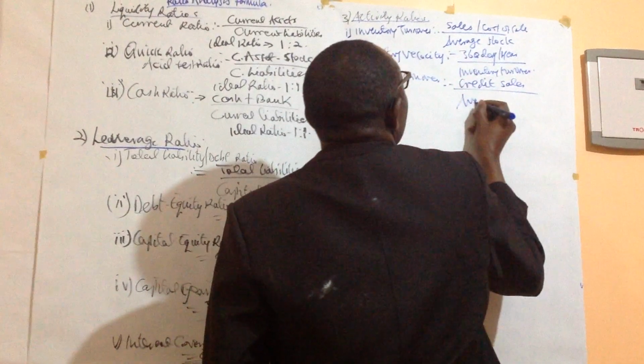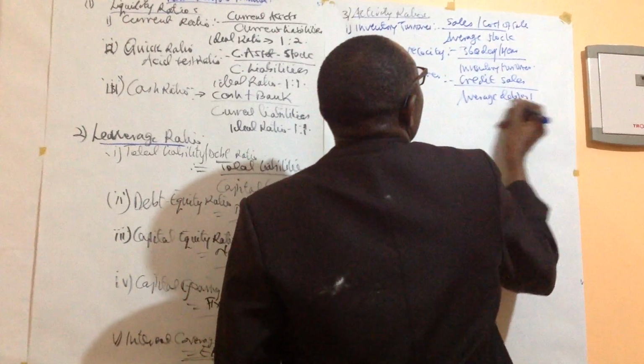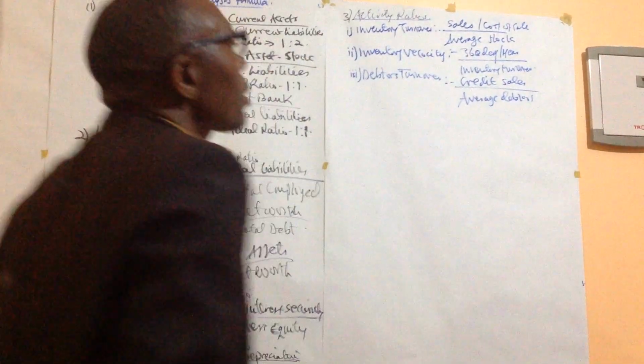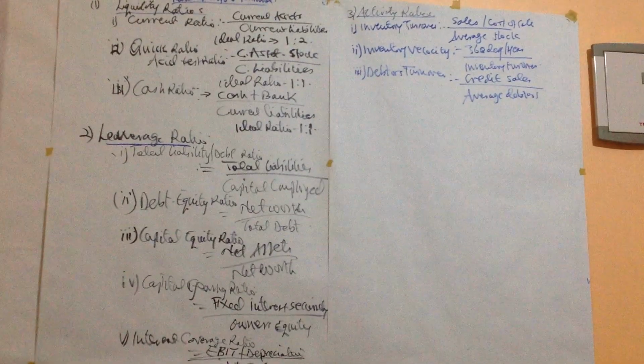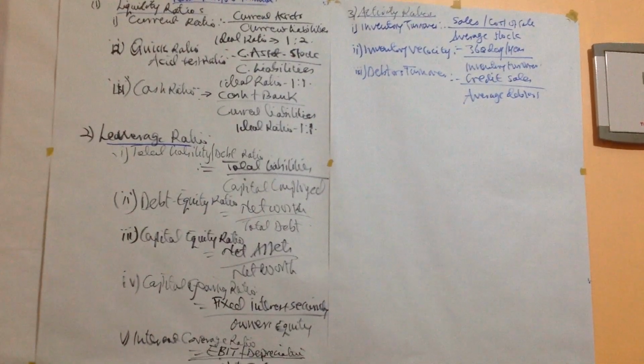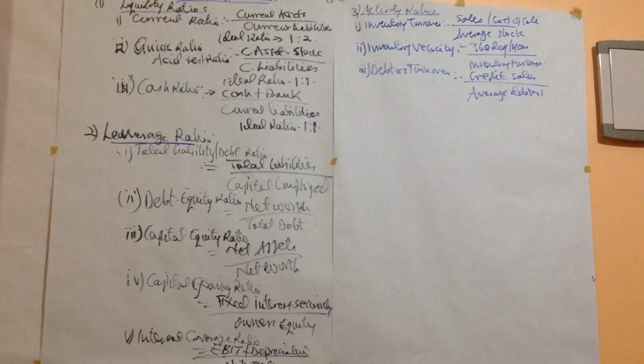Average debtors means we take the debtors at the start plus the debtors at the end, over 2. That gives us the average debtors, which we keep using to calculate the debtors turnover.